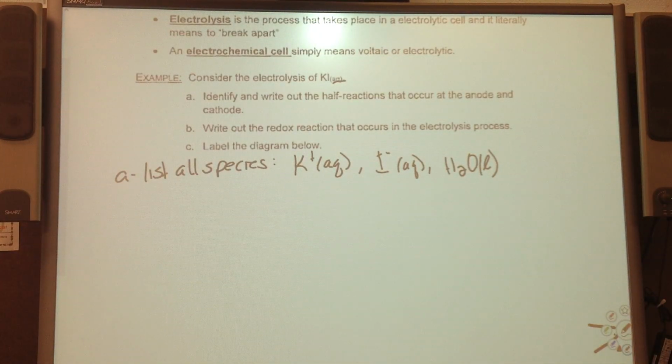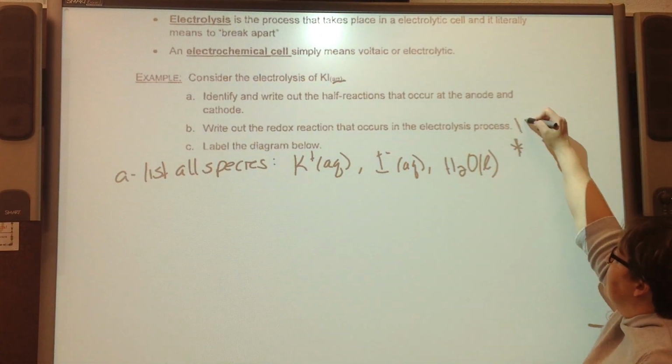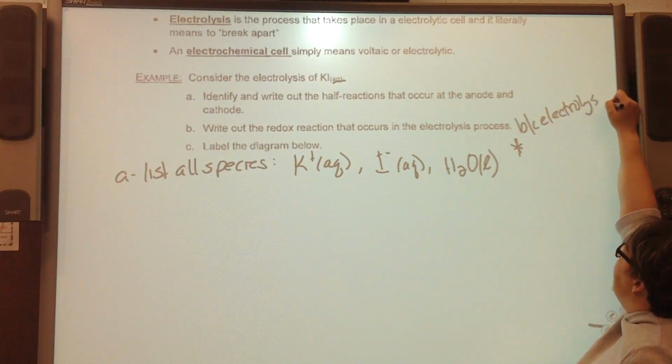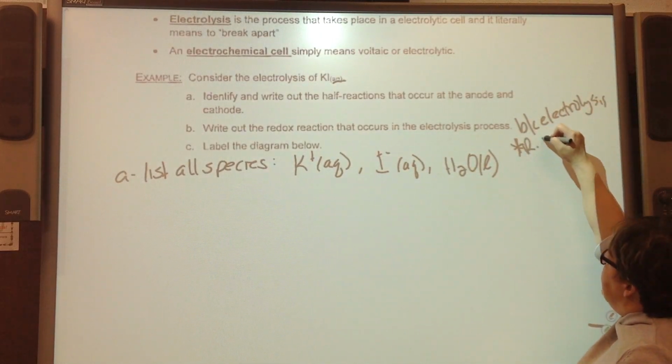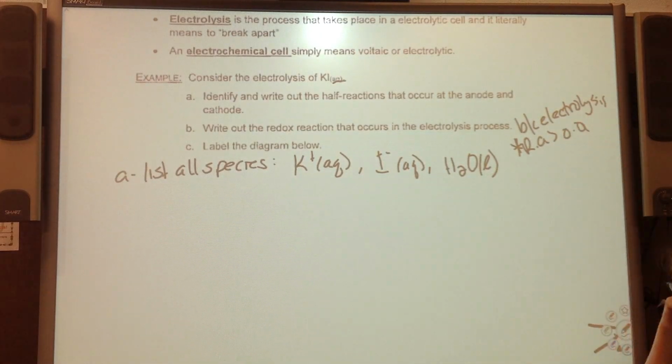So, next thing that we have to do is, this is electrolysis. So, which one is going to be the strongest reducing agent? Which one's going to be the strongest oxidizing agent? Because it's electrolysis, your reducing agent has to be greater than your oxidizing agent.